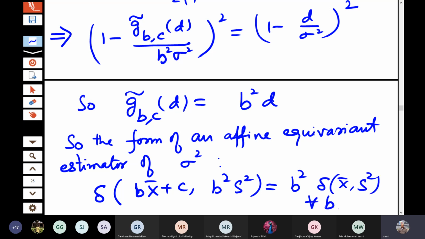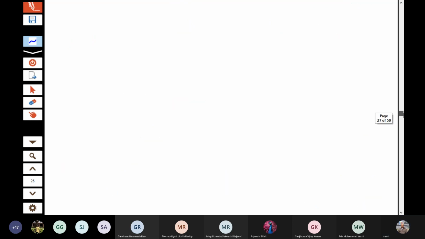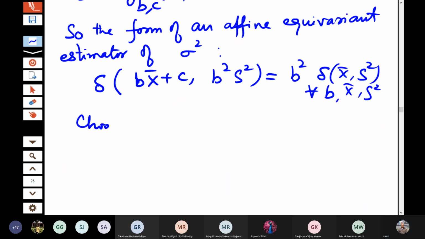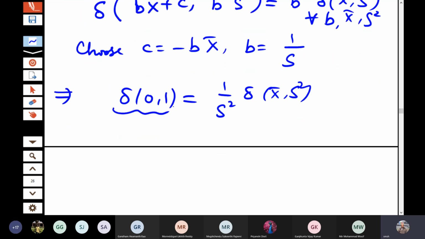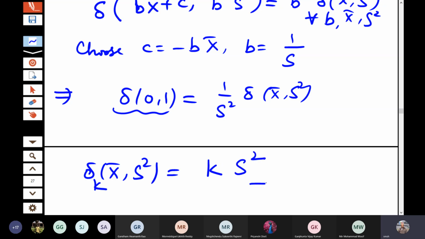We want it to be true for all b, x bar, s square, etc. So here you choose c is equal to minus b x bar and b is equal to 1 by s. So this will give me delta 0, 1 is equal to 1 by s square delta x bar, s square. So the form becomes, this is some constant. So delta x bar, s square is a function of a multiple of s square only. So this is the affine equivariant estimator of sigma square.